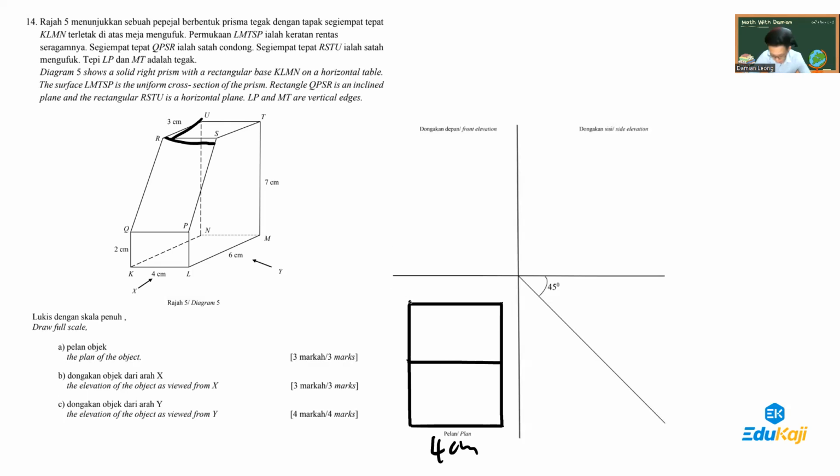So what happens is this line will match up here to the other views. So that matches here. I have the front elevation view. The front elevation follows this 7 cm and 4 cm.